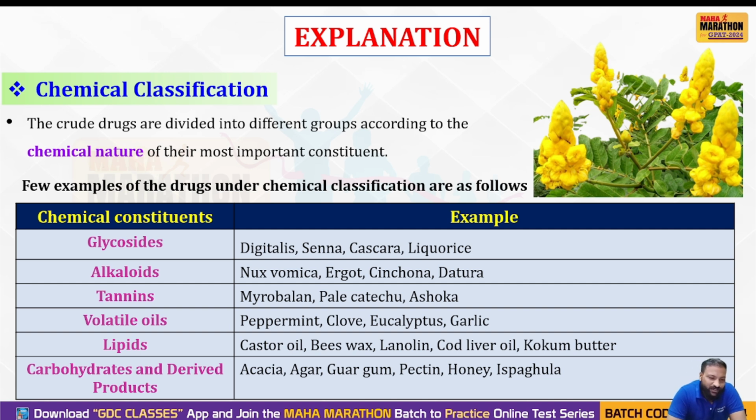You can see right over here. Glycosides are digitalis, senna, cascara, licorice; alkaloids are nux vomica, ergot, cinchona and datura; and peppermint, clove, eucalyptus are volatile oils. That is what we discussed. Clear?